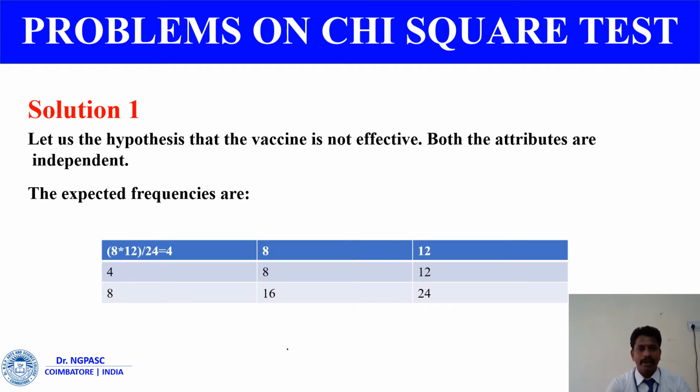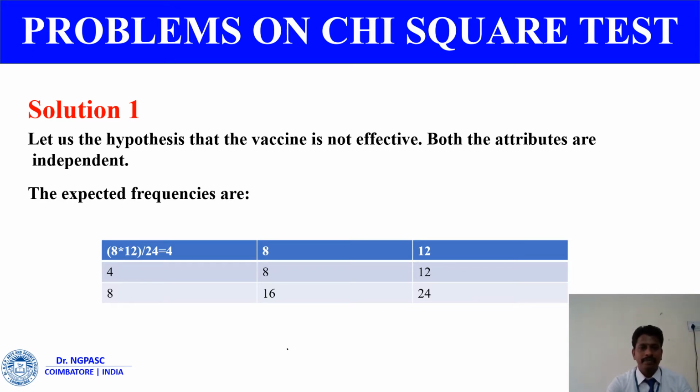First entry: the corresponding column total 8, the corresponding row total 12, 8 into 12 divided by grand total 24. 12 one time, 24 two times, 8 by 2 equal to 4. Next, the second entry: the corresponding column total 16, the corresponding row total 12. 16 into 12 divided by 24 is equal to 8.